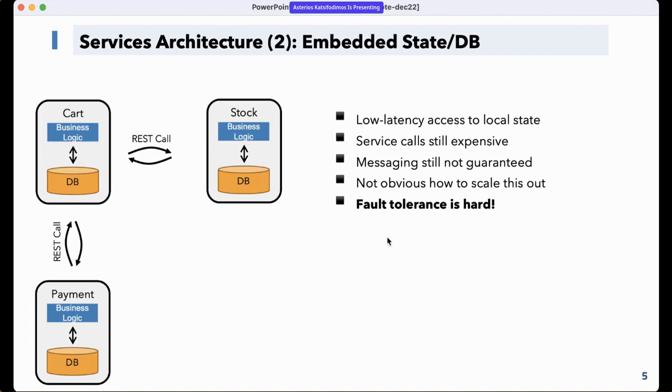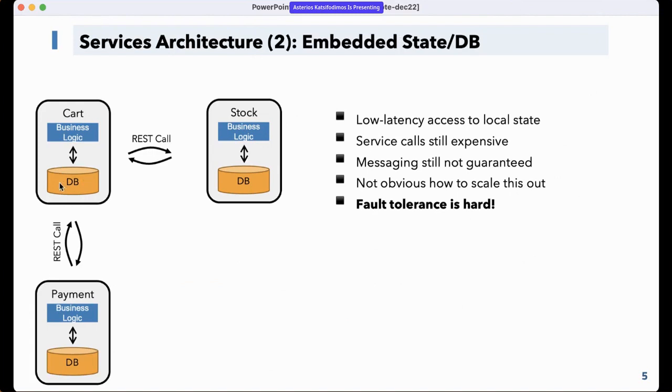Why is that? Because before, the database was being given to you as a service. At this stage, the database is your own responsibility. So if something fails, for example, in the shopping cart service, you will have to somewhat find the state that you have lost and put it back in before you can spawn new services. Right? The second problem that we have here is that it is not very obvious how to scale this out.